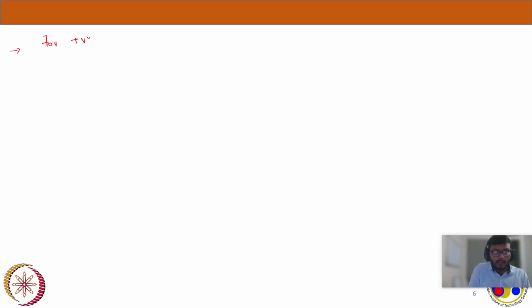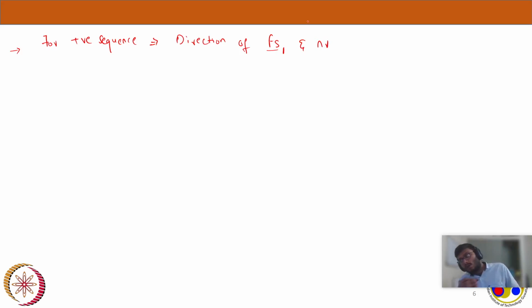So that we will write here for the positive sequence, the direction of Fs1. I'm writing the stator field of positive sequence, Fs1, and my Nr, that is the rotation of my rotor, which I am rotating by using an external force, that is, using a prime mover or something.